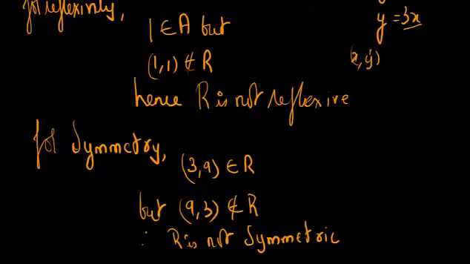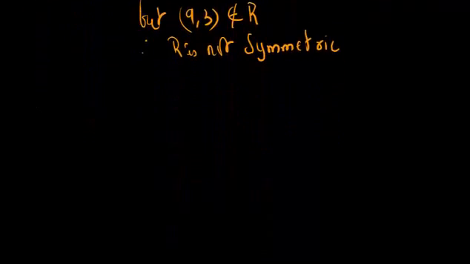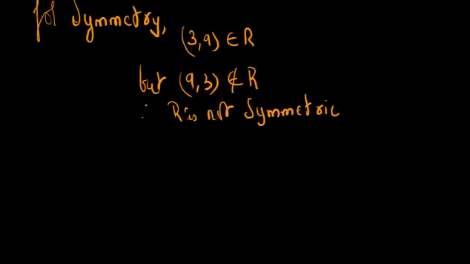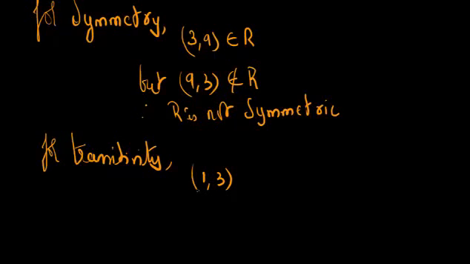Okay, now let's look for transitivity. I think it's not even transitive, but I'm going to check that for you. For transitive, again I'm going to give an example and prove it's not transitive. (1, 3) belongs to R, isn't it?